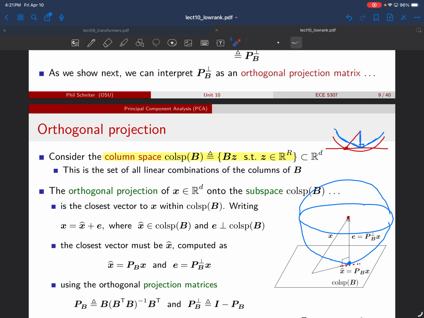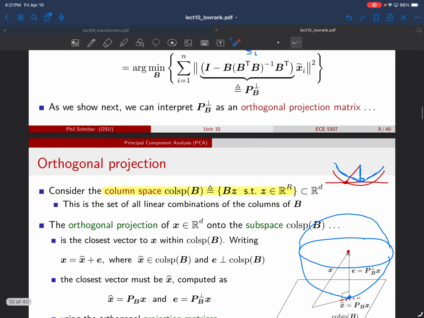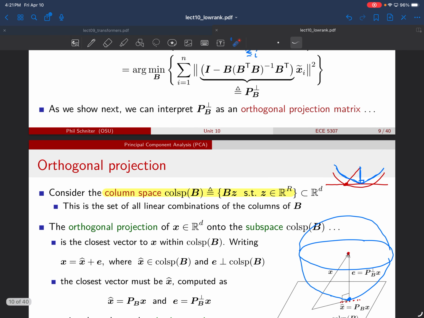B is going to be some set of linearly independent vectors, and if you consider all possible linear combinations of them, that fills out this plane. So this is the plane we are talking about, and we are talking about an orthogonal projection.